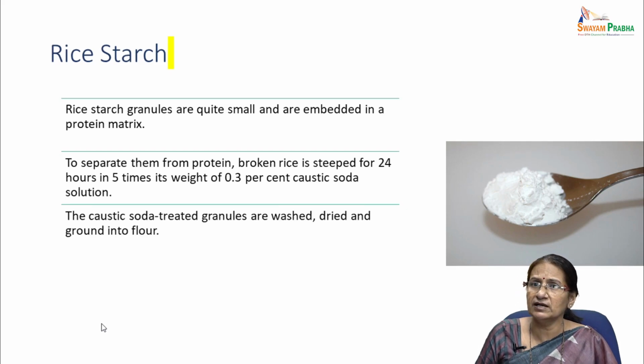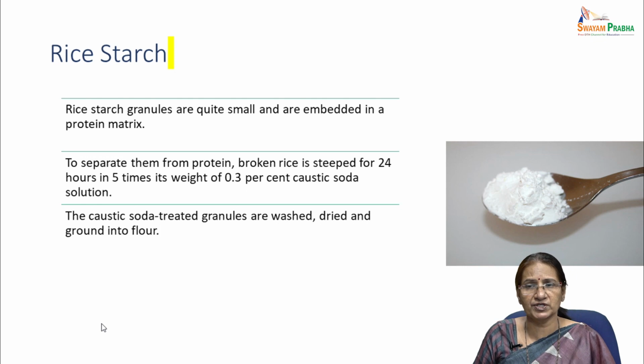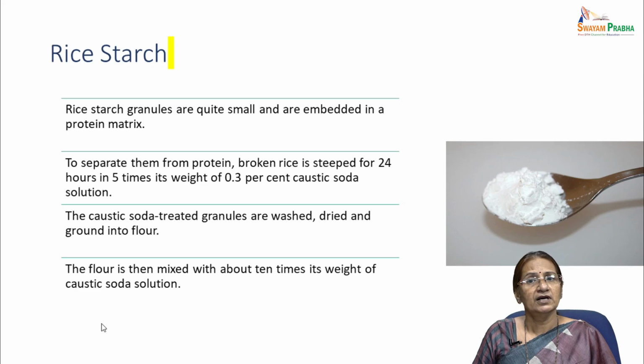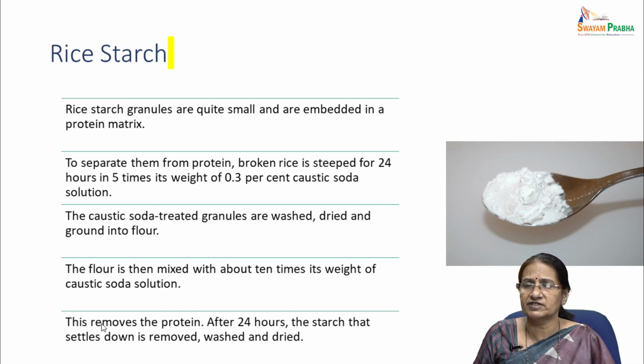The caustic soda treated granules are washed, dried and ground into flour. The flour is then mixed with about 10 times its weight of caustic soda solution. This removes the protein. After 24 hours, the starch that settles down is removed, washed and dried.